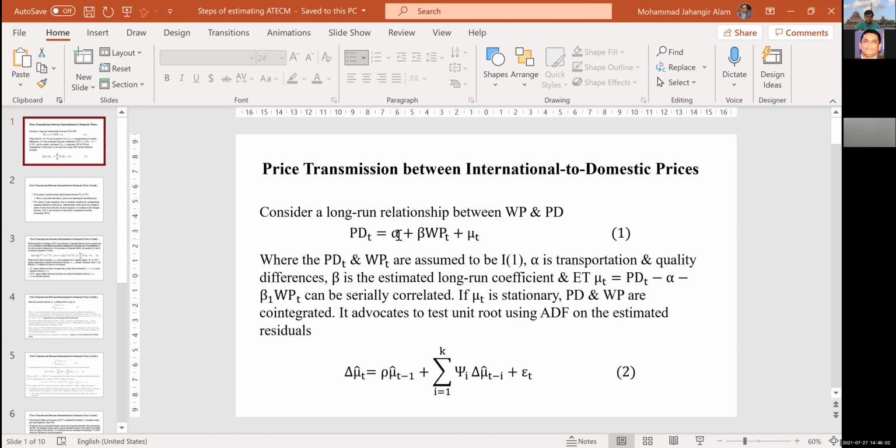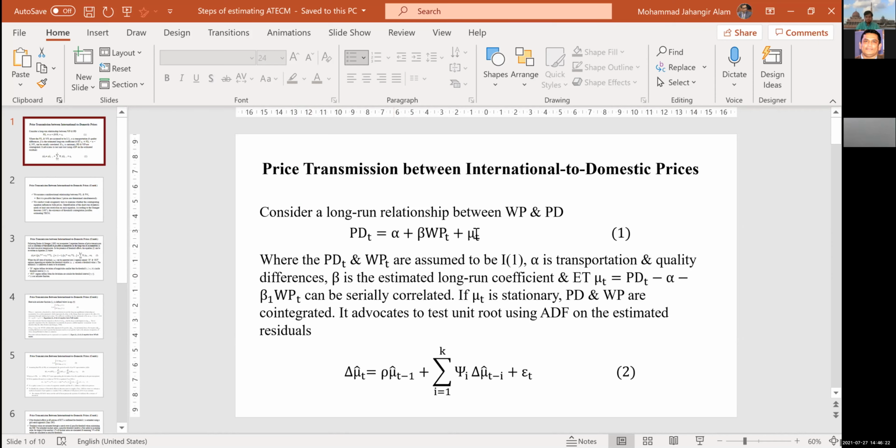Alpha, in very simple econometrics, we say is the constant or the intercept. But here, in our case, it represents the transportation and quality difference of the commodity like Cyprus.